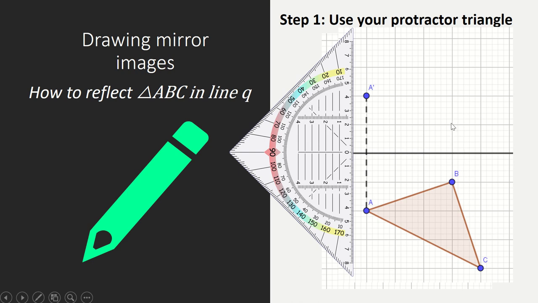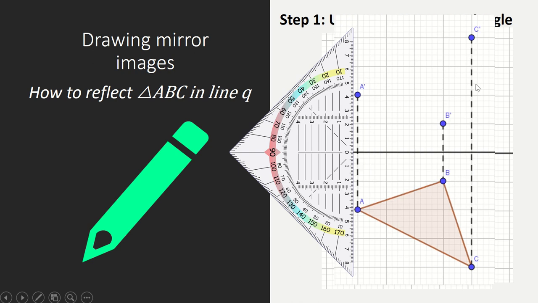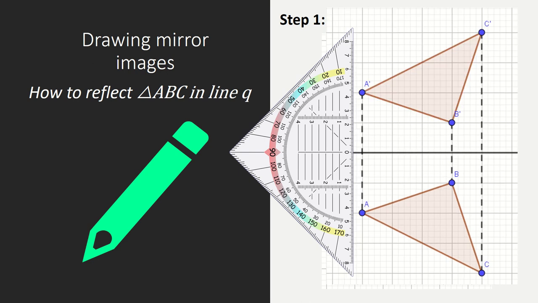So there is B with a little stripe. Then you have C with 1, 2, 3, 4. And do that on that side as well. So you will get this. If you did this, you need to connect the dots. So you will get the triangle. So that is how to reflect a triangle in or over a line.